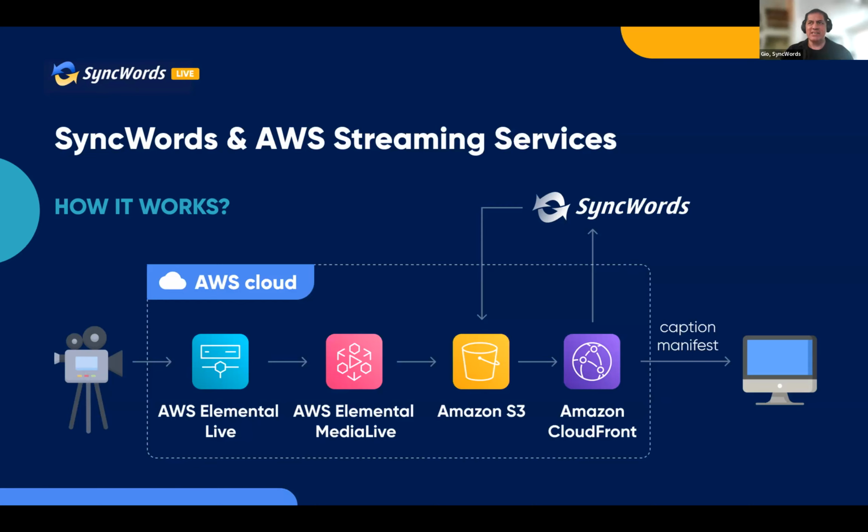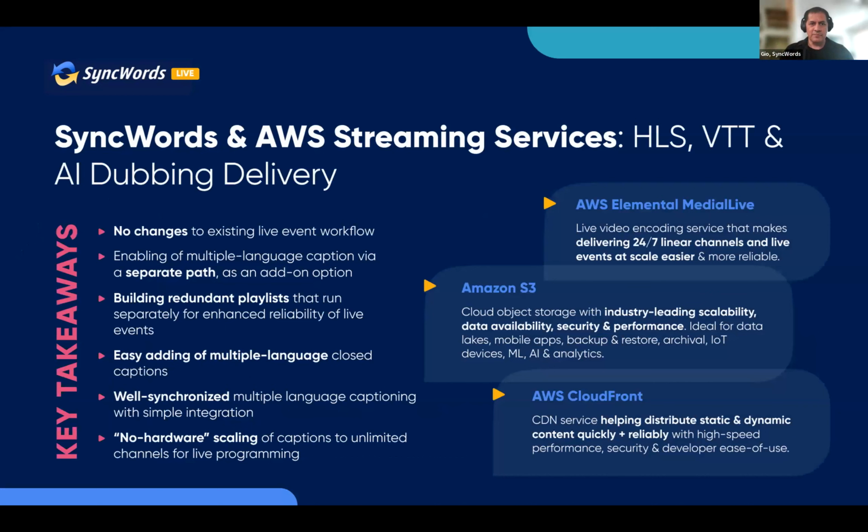So if you're doing like 600 events this month that are live streaming with AWS MediaLive, you can leverage SyncWords to make sure they're all captioned, they're all translated, and that they're delivered in a really simple way. There's a lot of benefits. I'm not going to go through all of the different benefits of AWS services and live streaming, but it basically boils down to it's secure, it's synchronized, there's no changes to your existing workflow, and we have optimized our system to make sure it works like that.